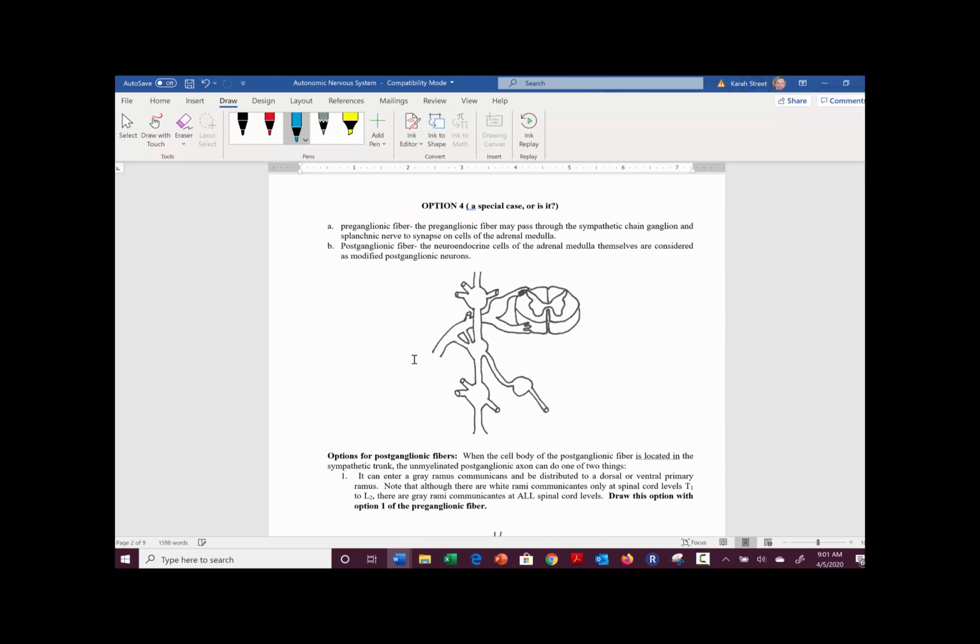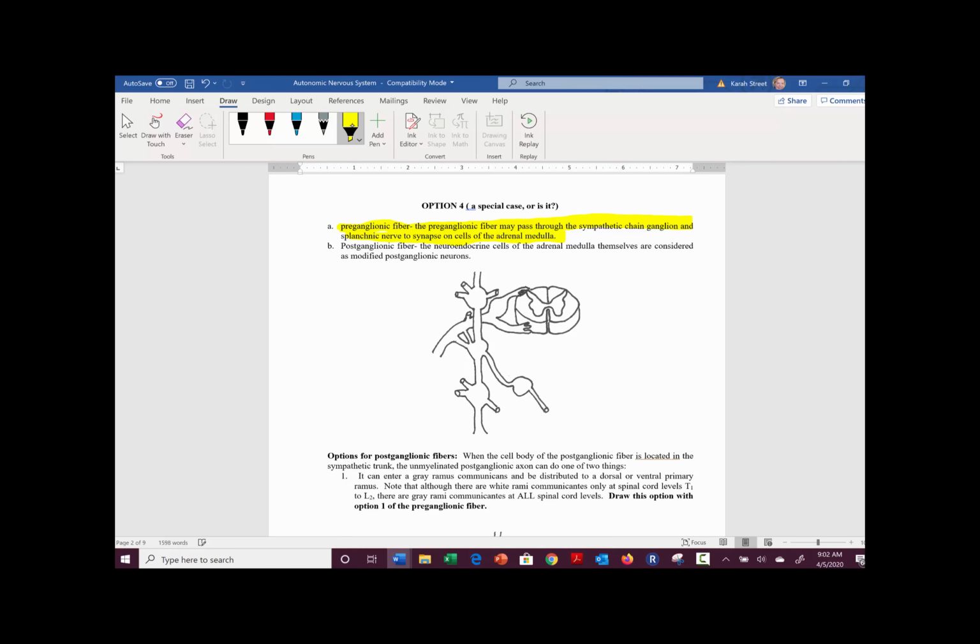Oh, and of course, being the sympathetic division, we have another option to entertain. And I'll remind you right now, we are still talking about the preganglionic sympathetic fiber. So in this option, we're talking about a preganglionic fiber that's going to pass through the sympathetic chain ganglion and use a splanchnic nerve, basically, to synapse on cells of the adrenal medulla.